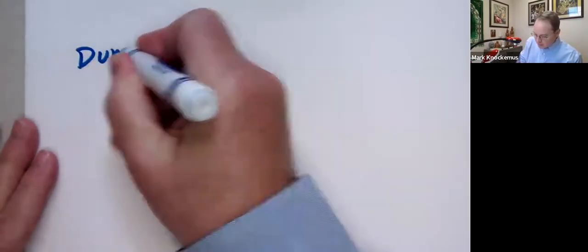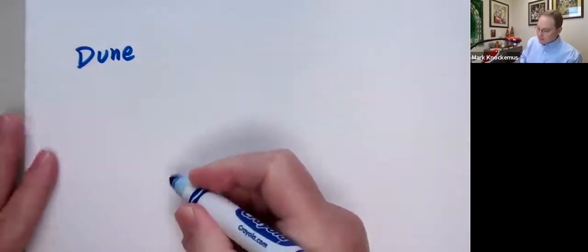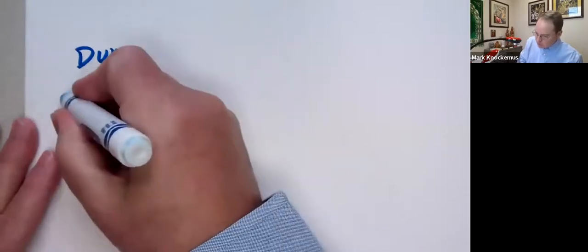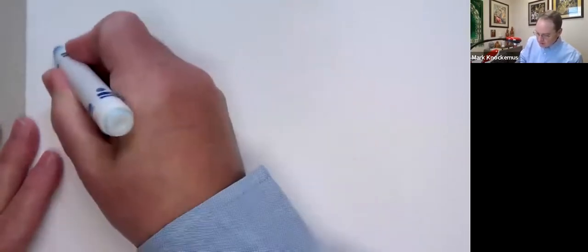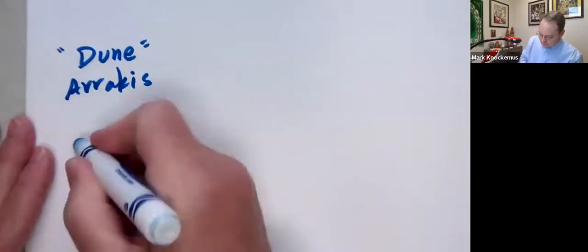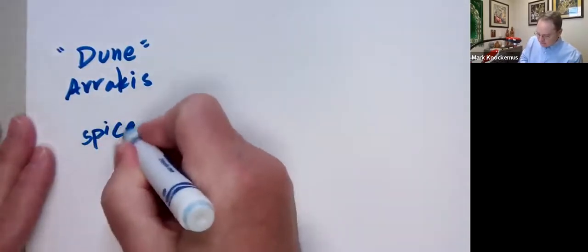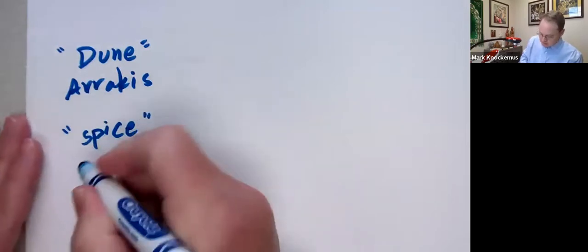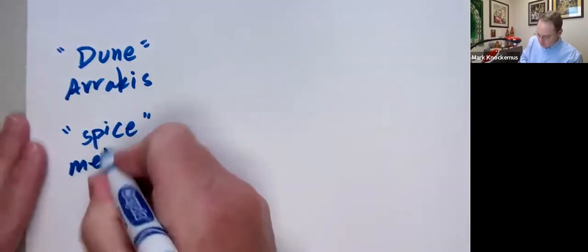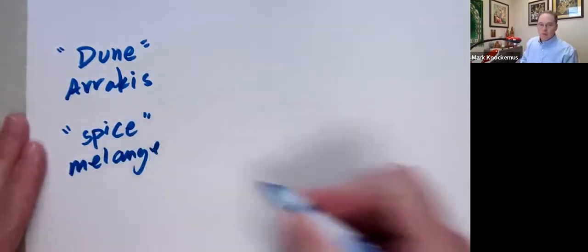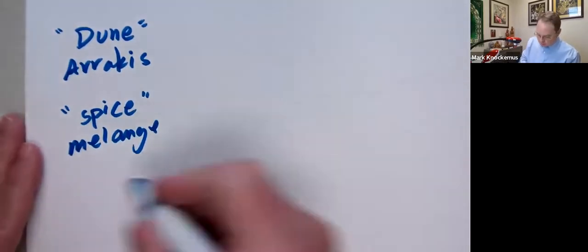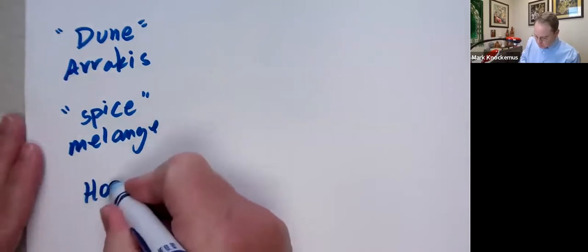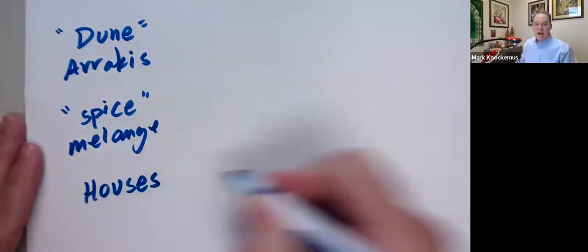So we'll start just jotting some things down, right? We have the Dune planet, of course, which is Arrakis, right? We have spice, melange, right? What else do we see in this novel? We see the different houses, right?